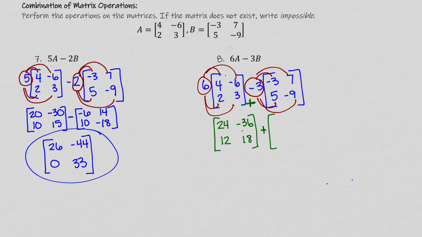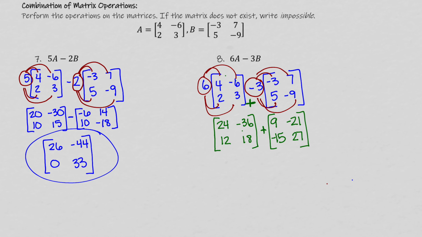So negative 3 times negative 3 is positive 9. Negative 3 times 7 is negative 21. Negative 3 times 5 is negative 15. And negative 3 times negative 9 is a positive 27. And now it's an addition problem, so you don't have to worry about that minus and negative and all of that. Okay?